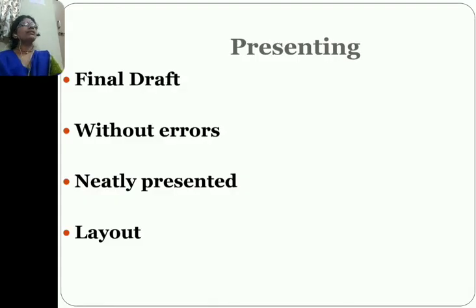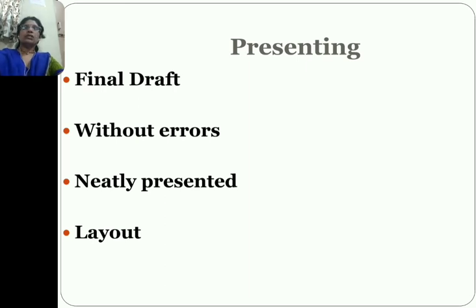And the last step is presenting the final draft. Now the final draft should be flawless. It should be without any mistake, without any error, and the draft should be neatly presented.